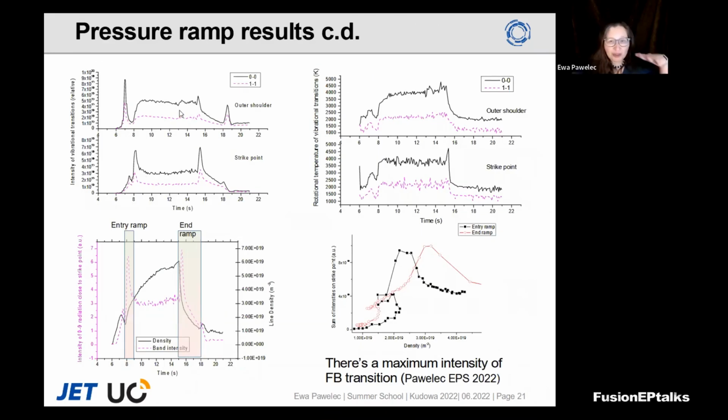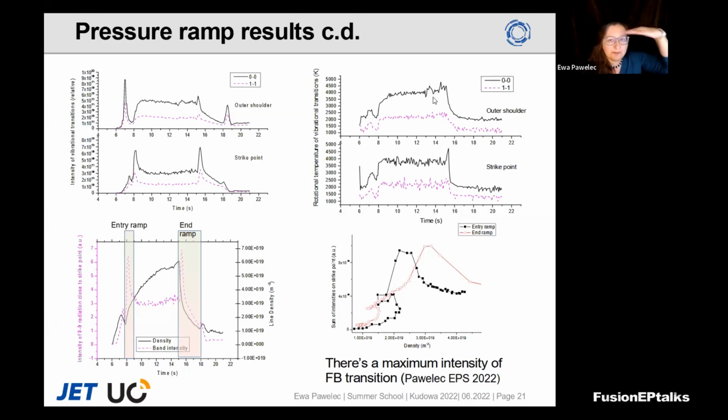If we go into more details of what is happening there, we can observe different parts of these Fulcher bands with different vibrational transitions. We can measure the rotational temperature, and we can see here that the rotational temperature grows during the density ramp, to a certain level.